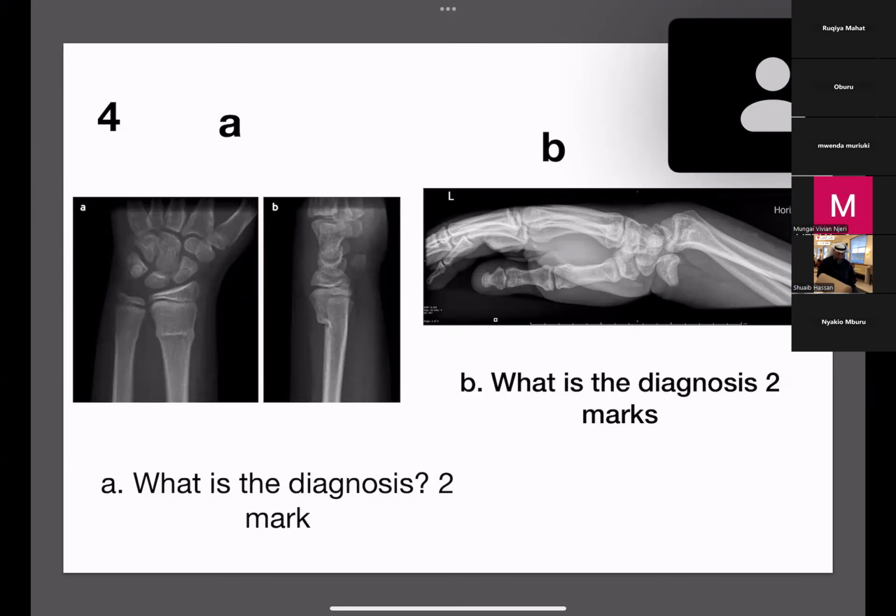So this fracture, does anyone know how you can manage it? A torus fracture can just be managed with a wrist splint, just a wrist splint. You don't even need to put a cast.